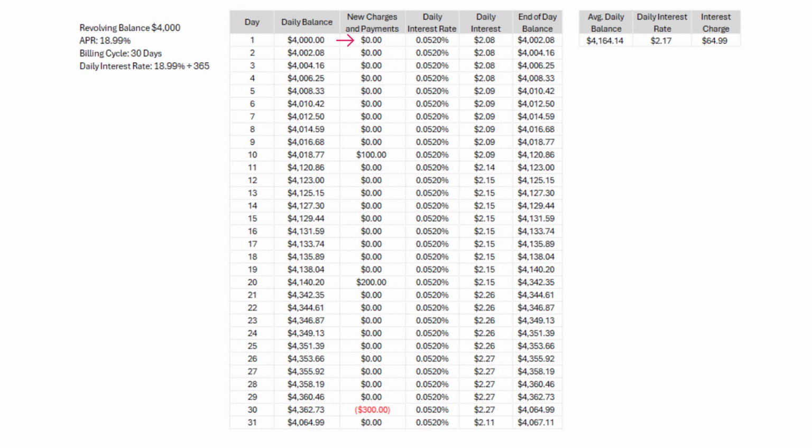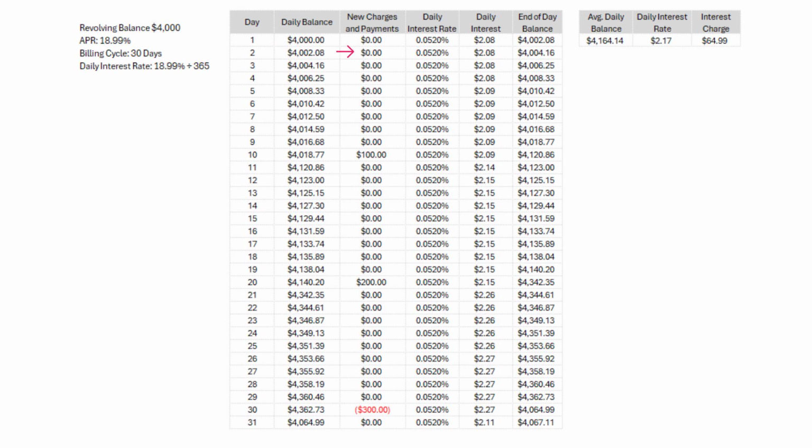No charges or payments are applied. At the end of day 1, the daily interest charge is calculated by multiplying $4,000 by 0.0520% and then added to the end-of-day balance. On day 2, the end-of-day balance from day 1 becomes the daily balance.